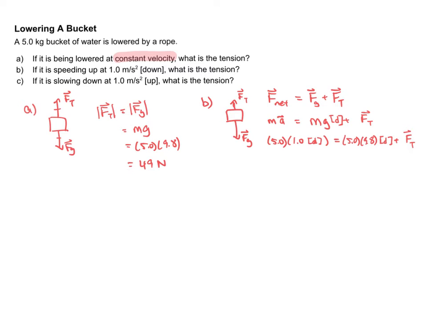Okay, so then I'll just do the computations. So on the left side, 5 times 1 is 5. This would be 5 newtons down. And on the right side, 5 times 9.8 is 49 newtons down. And I will isolate for tension, which means I will subtract the 49 newtons from both sides.